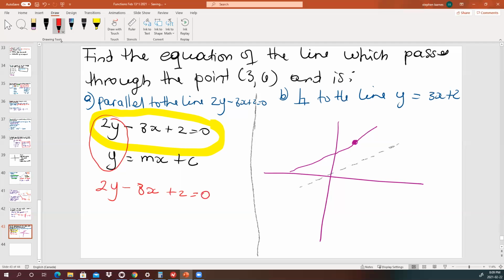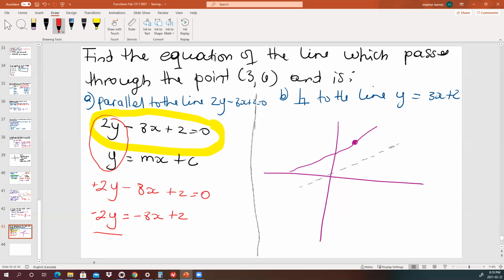So when I carry this 2y across the equal sign, there's an imaginary plus sign here, so it's going to become negative 2y. Everybody agree with that? Yes, ma'am. So that's negative 2y equals minus 8x plus 2, right?